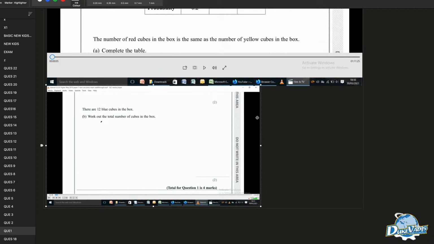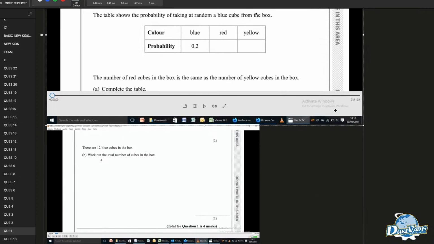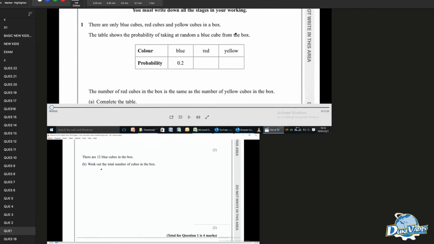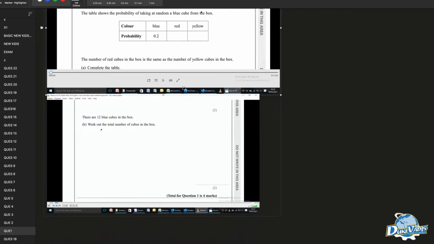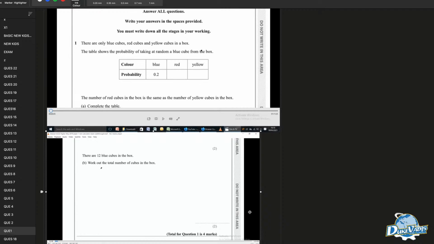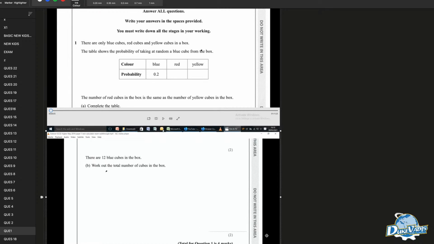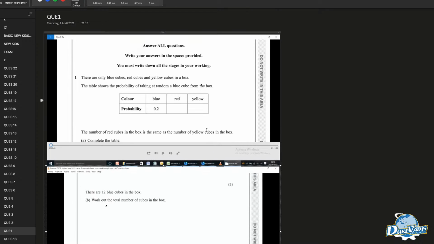Let's see how we'll tackle this. The probabilities in the table should sum up to 100%, or 1.